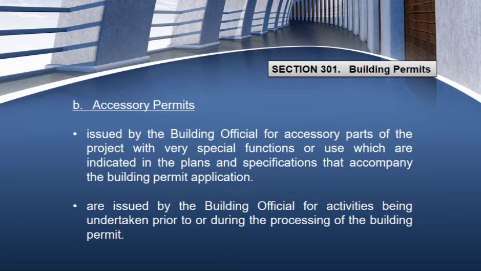These are also issued by the building official for activities being undertaken prior to or during the processing of the building permit. This may include, among others, bank and records vaults, swimming pools, towers, silos, smokestacks, chimneys, commercial or industrial fixed ovens, industrial kilns or furnaces, water or waste treatment tanks, septic vaults, and such. And all of these accessory parts need an accessory permit.